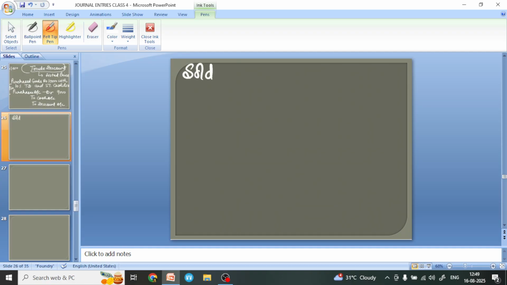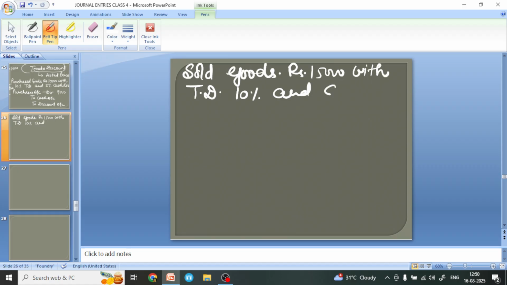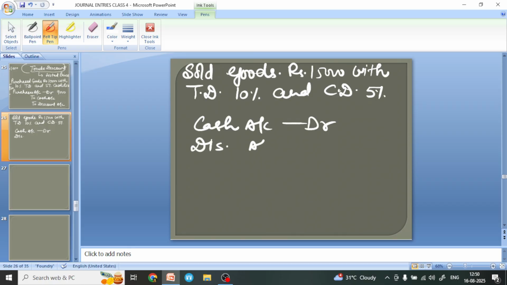For example, goods sold of rupees 15,000 with the trade discount 10% and cash discount 5%. Entry will be cash account debit, discount account debit to sales account.